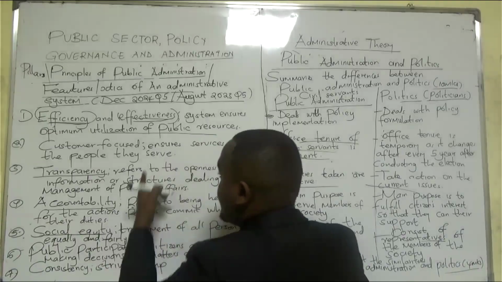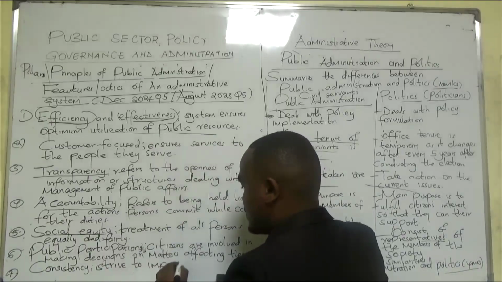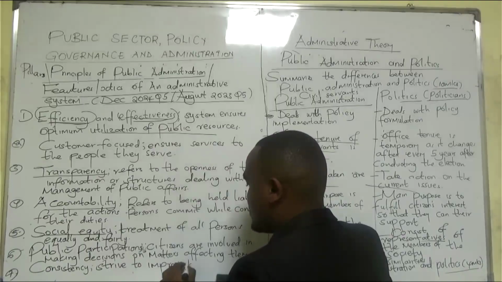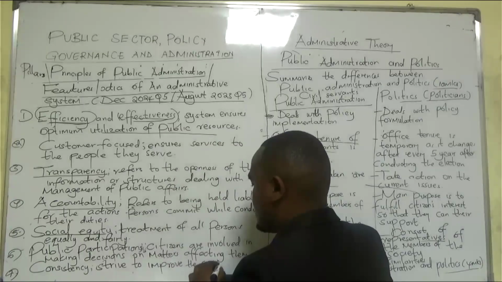So that is what the December 2024 paper wanted, and you could get your 10 marks. Strive to improve the services to the people.